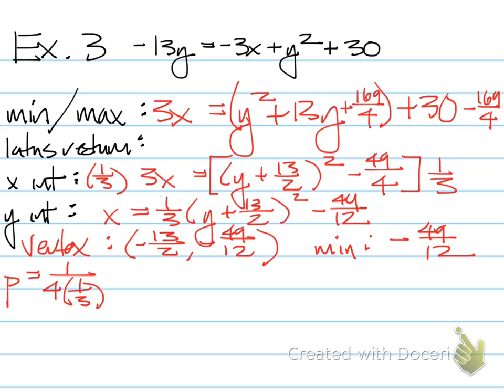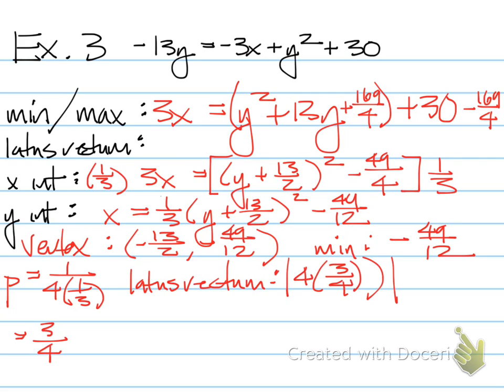P is going to be 1 over 4 times A, where A is 1/3, so P is going to be 3/4. The latus rectum is 2B squared over A. I'm sorry, the latus rectum is going to be the absolute value of 4 times P. So that's going to give us 3.